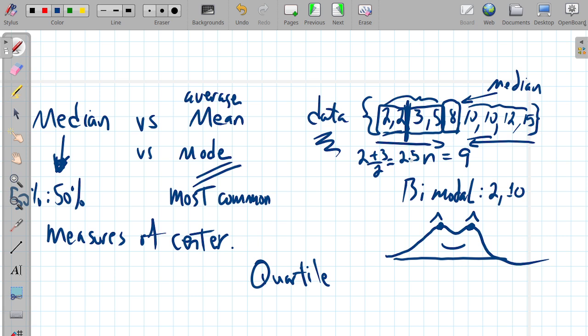I'll illustrate the other method at another time. Again, we're going to do the same thing up here. This is 10 plus 12 divided by 2, and this gives us 11. So we have quartiles. They are the medians of the lower half and the upper half. So this is Q1, and this was Q3.